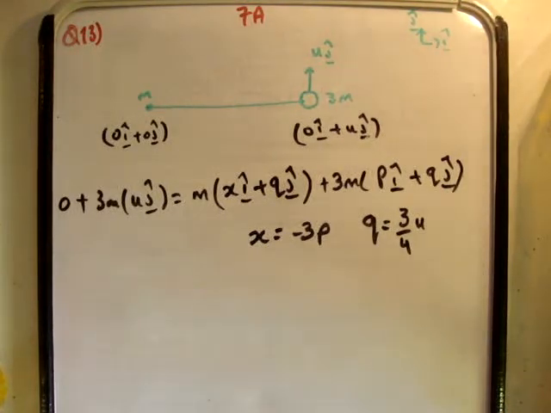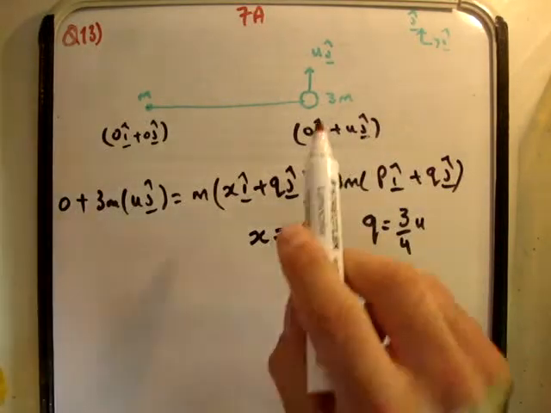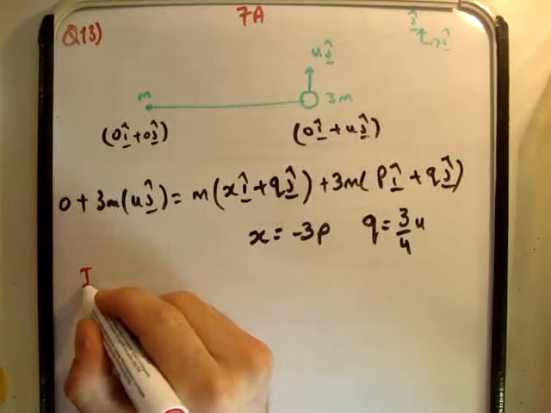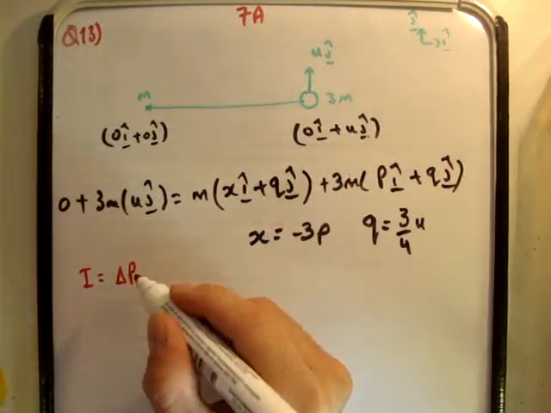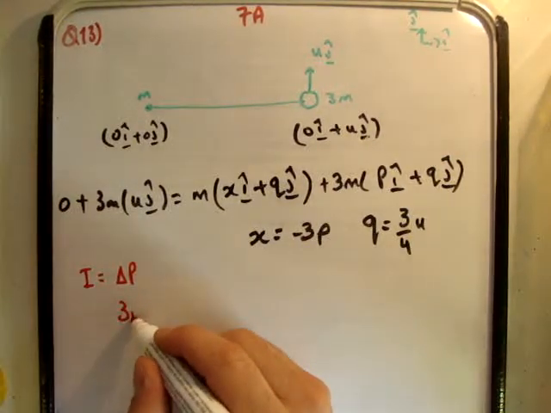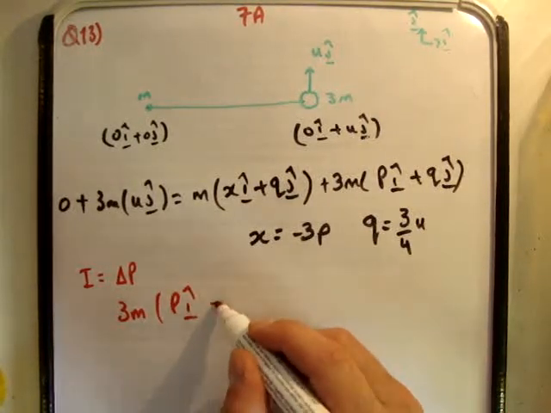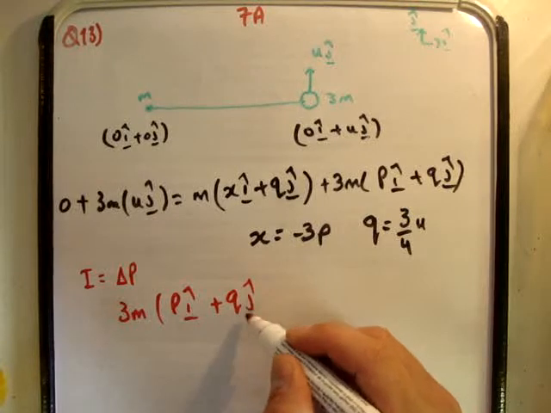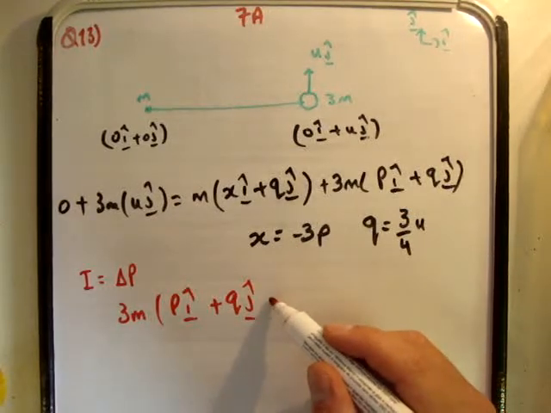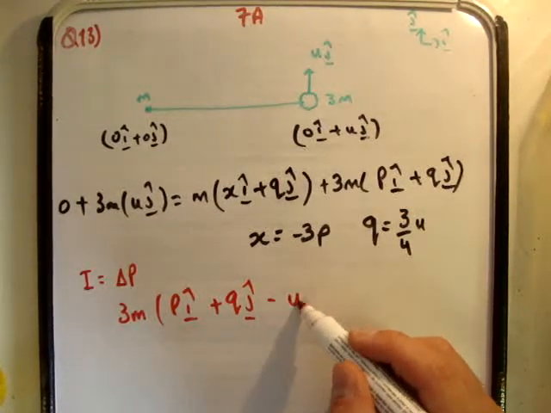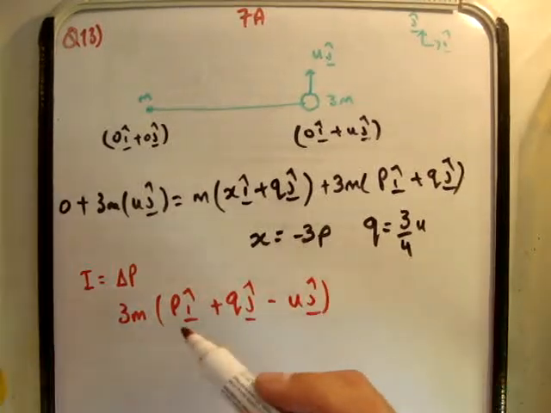So the first thing I'm going to do is to calculate the impulse imparted by the 3m mass. Impulse is equal to the change in momentum. So we're going to have 3m times (p i hat plus q j hat), and we need to take away from that u j hat.